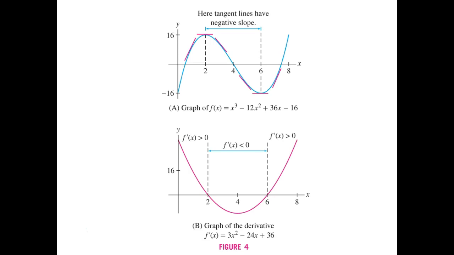Easy to see on the graph, obviously. When it has a turning point, you have a zero slope. When you have a decreasing function, negative slope, another turning point here, the slope is zero again, it goes positive, it means the function is increasing.